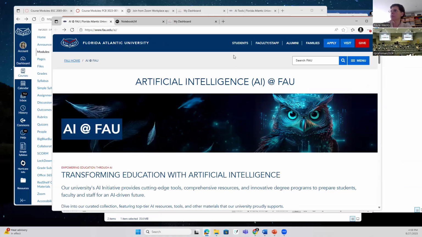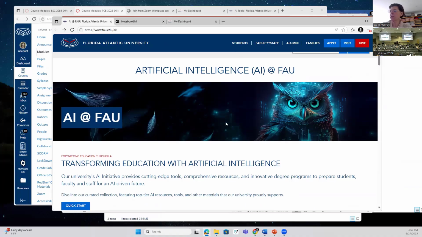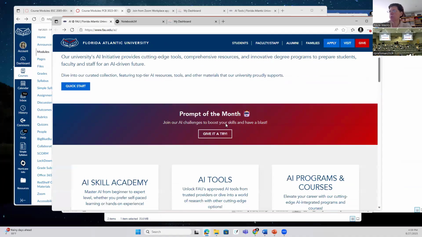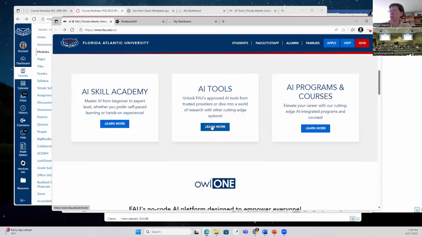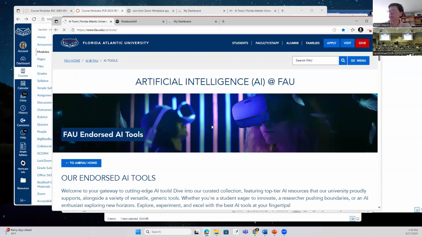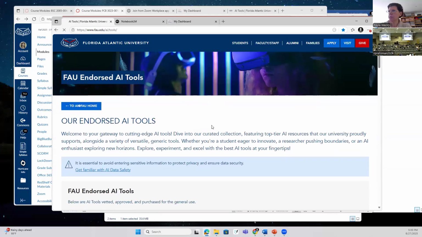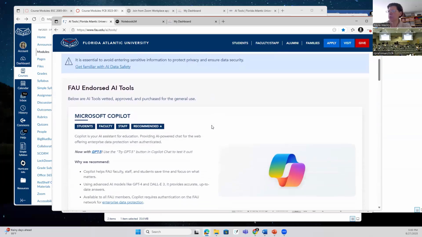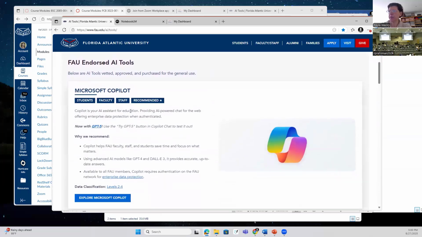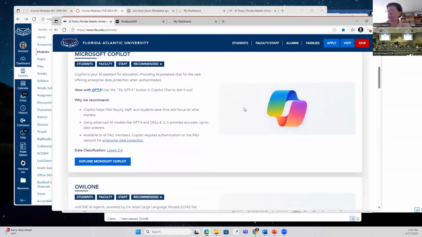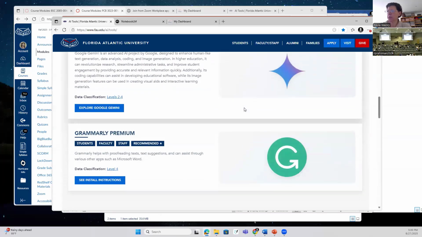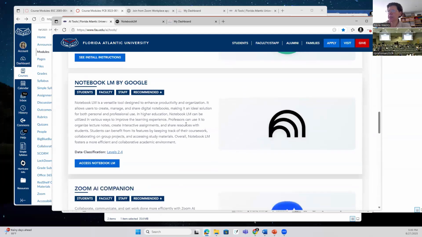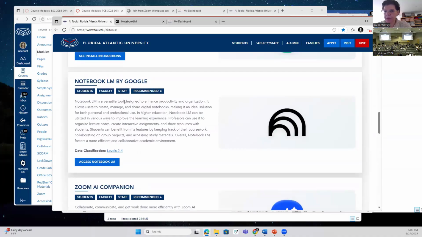You go here, say students or staff, go to this AI resource and you can check out some cool AI tools. And here, you're gonna find several tools that I don't even know how to use yet. I know that several professors use this Copilot. I don't know how to do that yet. But I learned about this other one all the way down here. This guy here, Notebook LM.